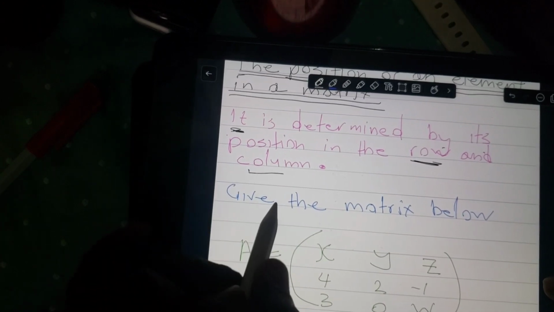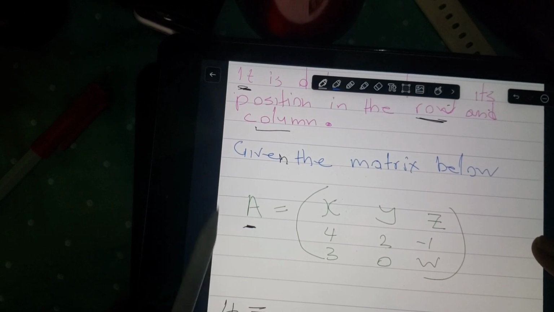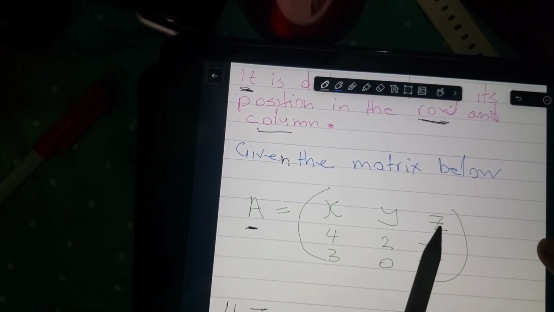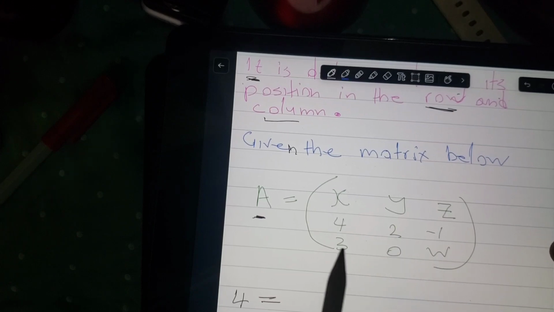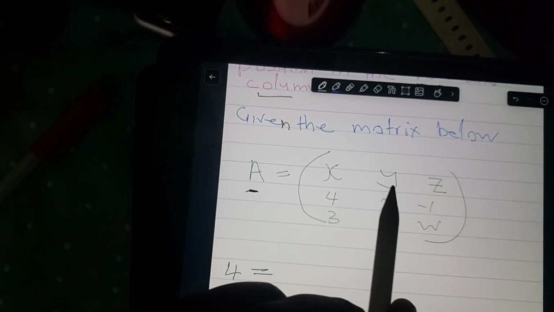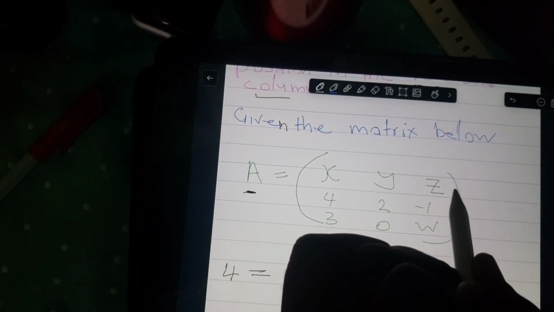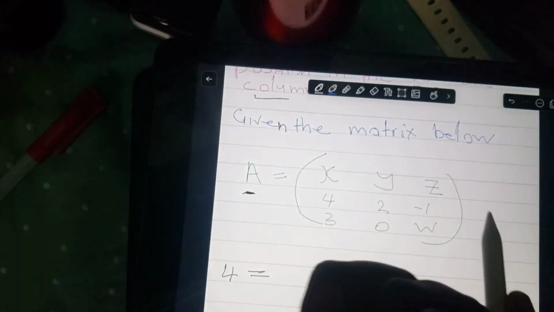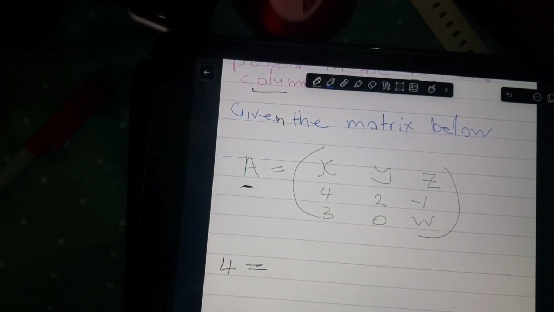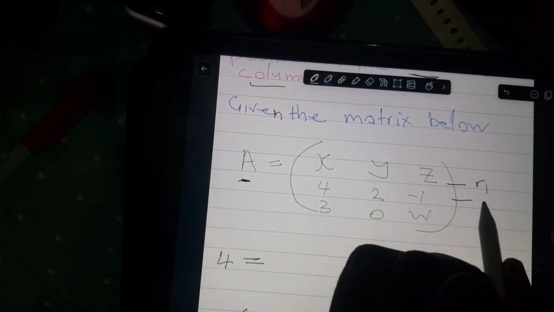Given the matrix below, matrix A, we use capital letters to name our matrices. Matrix A has the elements X, Y, Z, 4, 2, minus 1, 3, 0, 9, and W. Let's label the rows: this is row number 1, R1, and this is row number 2.